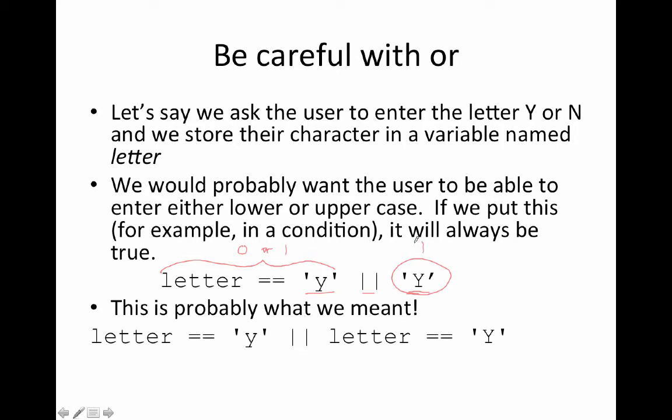So now we have either true or false, or true. Well, if either one is true, then the whole thing is true. So the entire thing is true regardless of the value of the variable letter. So what we probably wanted to say is if letter is equal to lowercase y, or letter is equal to uppercase y, but we didn't say that. We just said or y. So be careful about how you write expressions using the or.